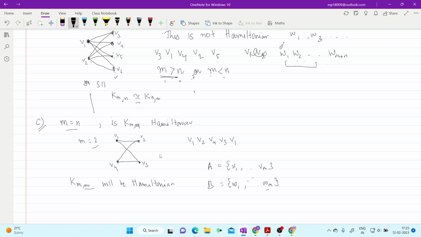So we have all the possible edges. Now V1W1, V2W2, up to VmWm, and then again to V1 will be a Hamiltonian cycle. So we have shown that if m is equal to n, Kmn is Hamiltonian, and if m is greater than n or less than n, then it is not Hamiltonian.